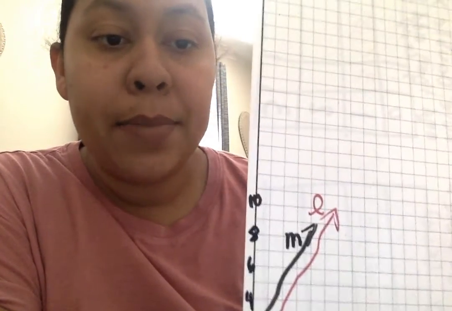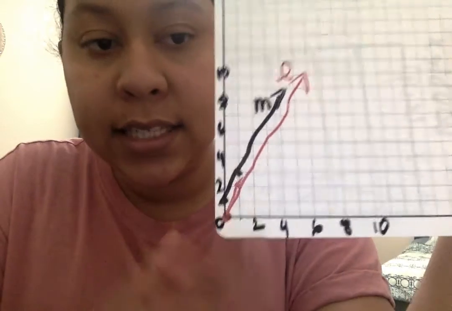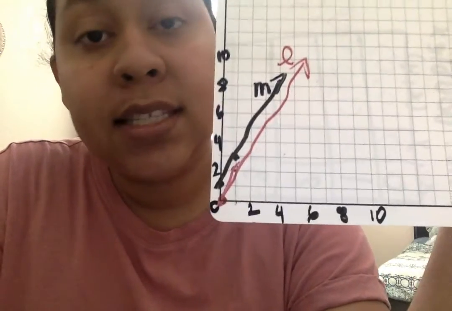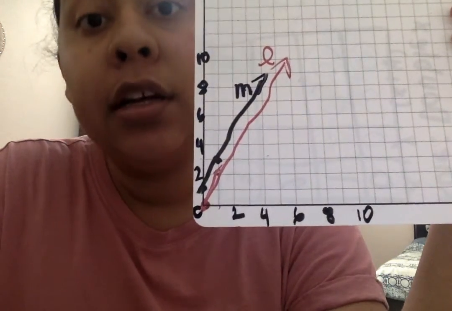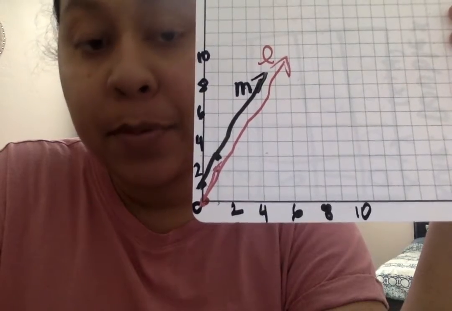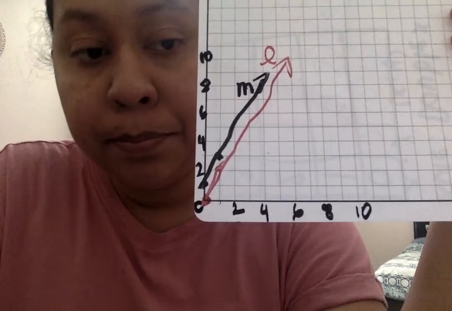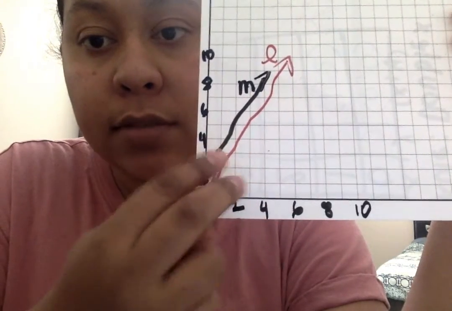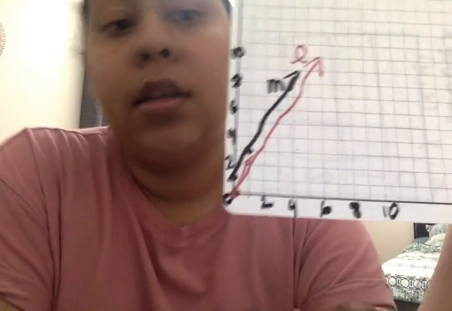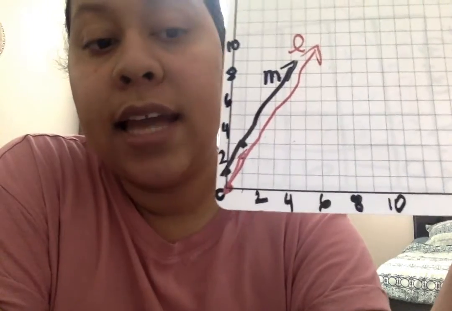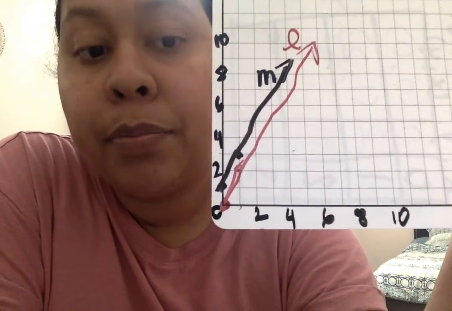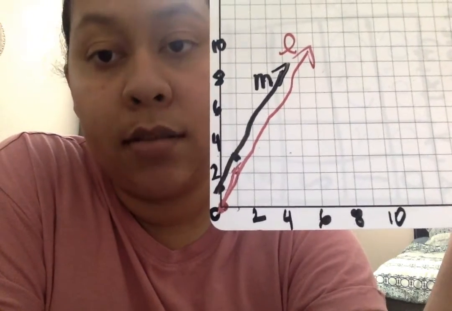So B says, compare and contrast these lines. And then I made sentence stems for you. So comparing something that is the same about them, and then contrasting something that is different about them, about these 2 lines right here. Okay, so lines L and M are both blank. So they're both something.